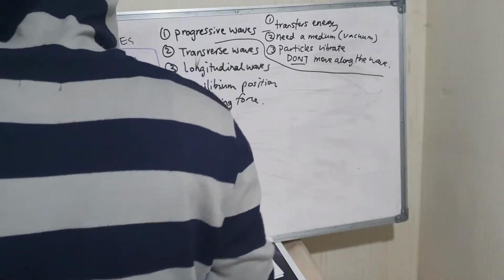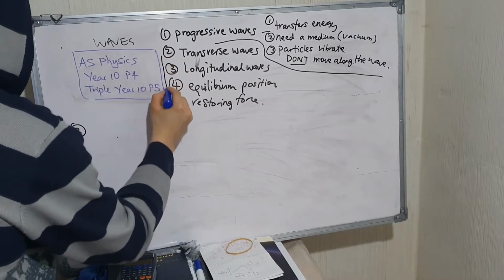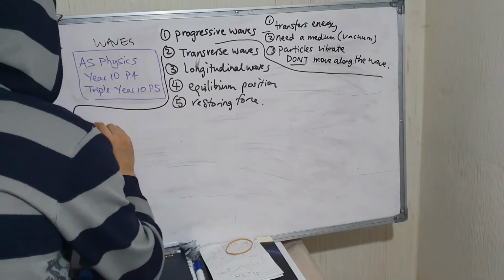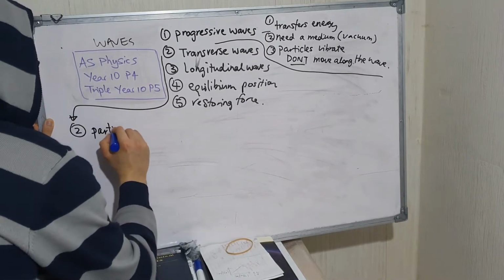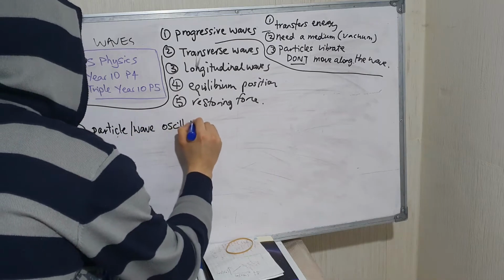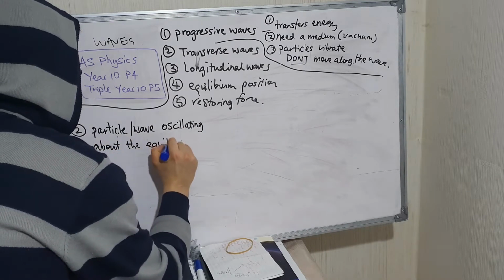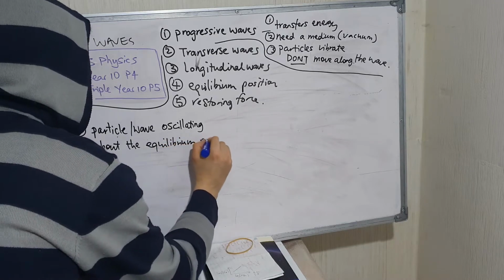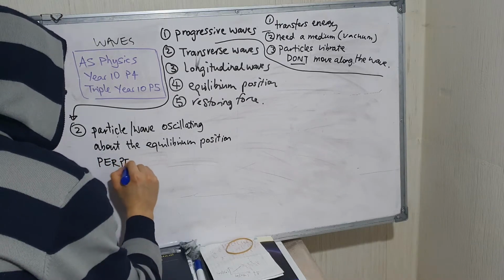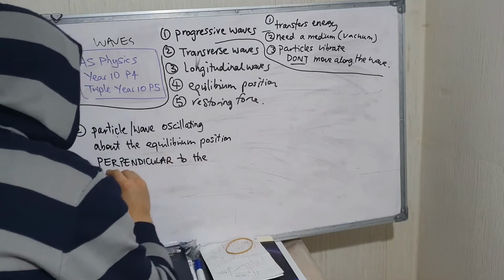So transverse wave, how do we say this? A transverse wave is where the particles or the wave is oscillating about the equilibrium position perpendicular to the energy transfer.